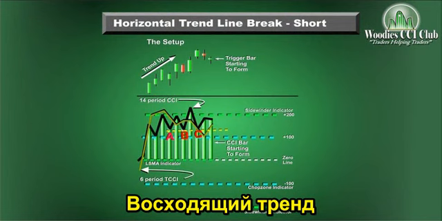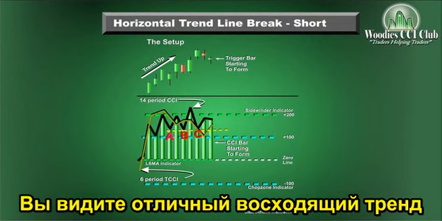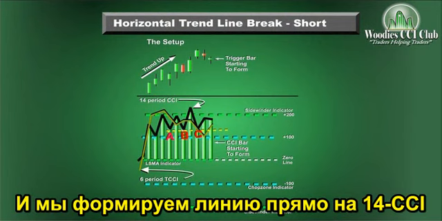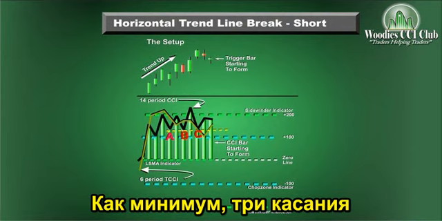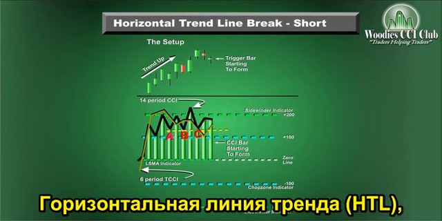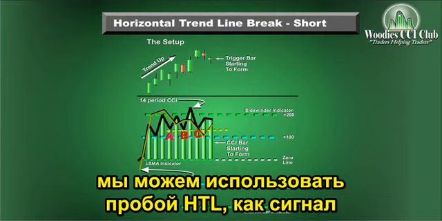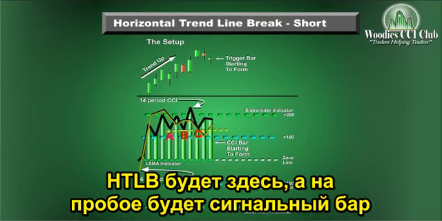We had an uptrend, and you can see we had a nice uptrend here, and we formed a bunch of lows right here on the 14 CCI, at least 3 touches. Now, we could use breaking that horizontal trend line as the trigger, which would be in this area here.